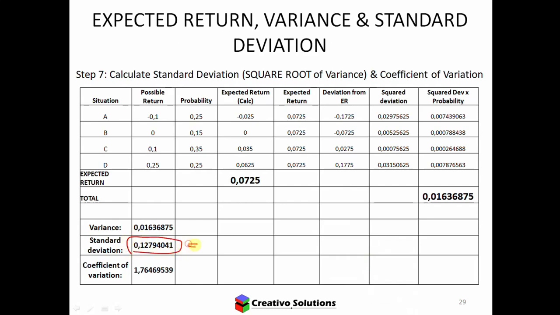That'll be 12.79% per annum as a deviation on investment.